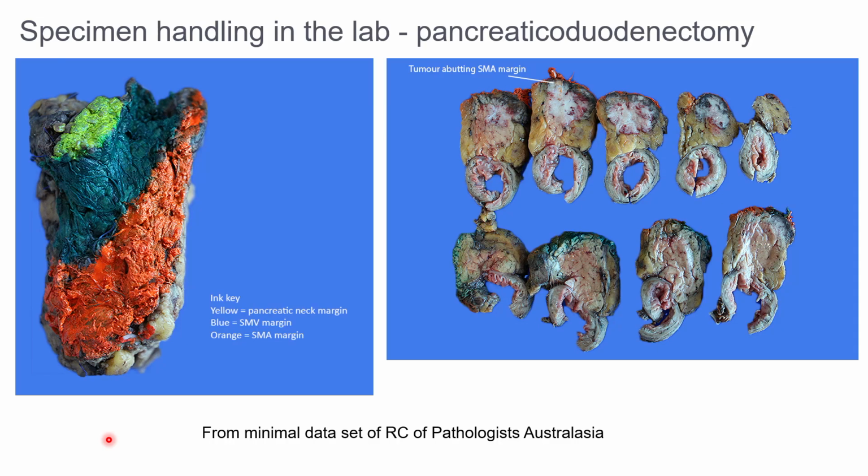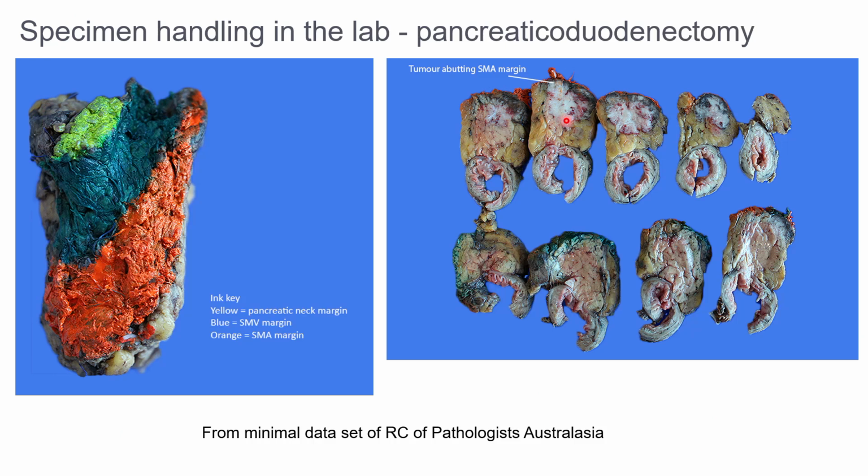So what we do is we color it. We have color codes for the neck resection, the vein and the artery, and then we perpendicularly serially slice it and sample accordingly.